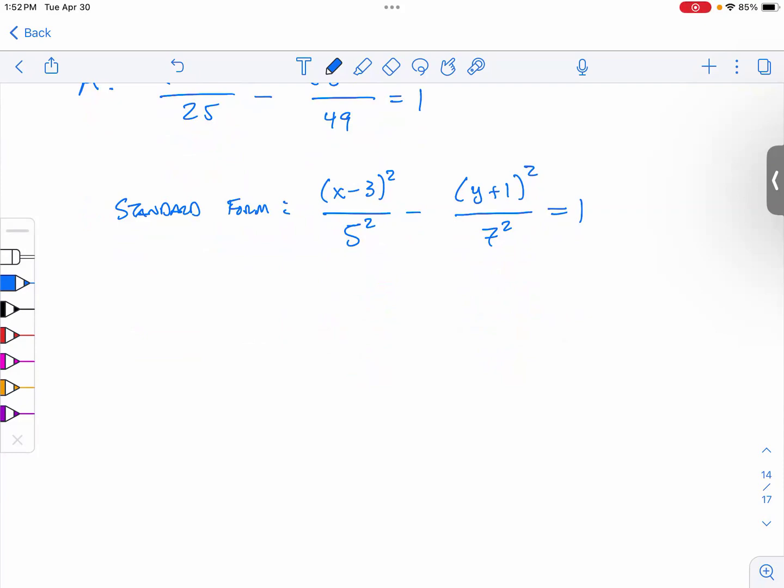And we can identify overall the exact middle, the center. Not the vertices or anything actually, but I know the exact middle of the graph is the point (3, -1), just like we've been doing before. So I know that's the exact center.